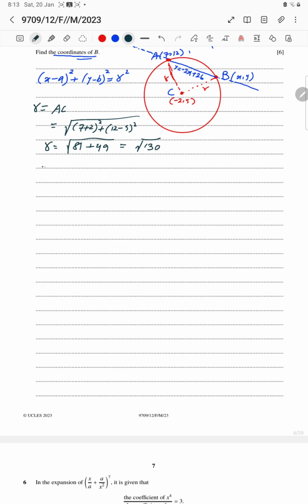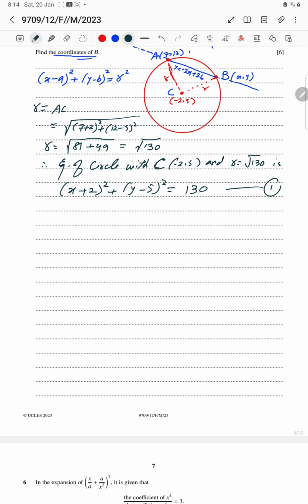Okay, fine. Therefore the equation of the circle with center -2, 5 and r root 130 is x plus 2 whole square plus y minus 5 whole square equal to r square, that means 130.